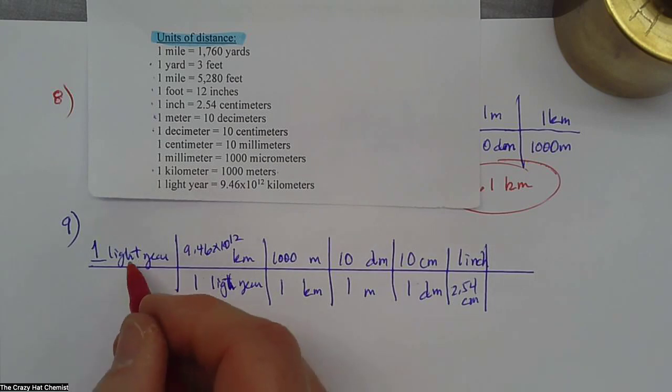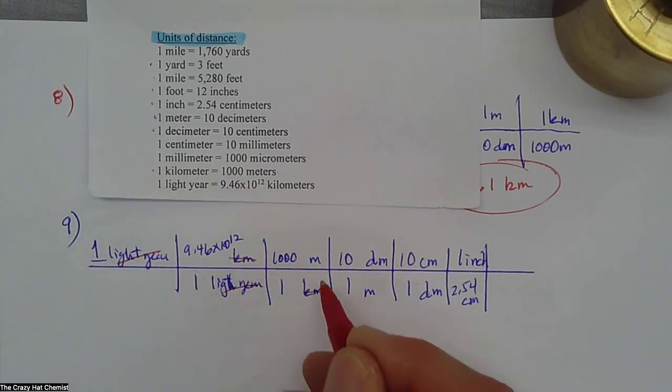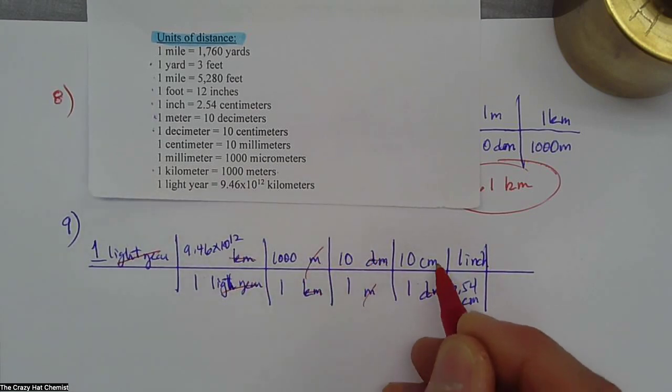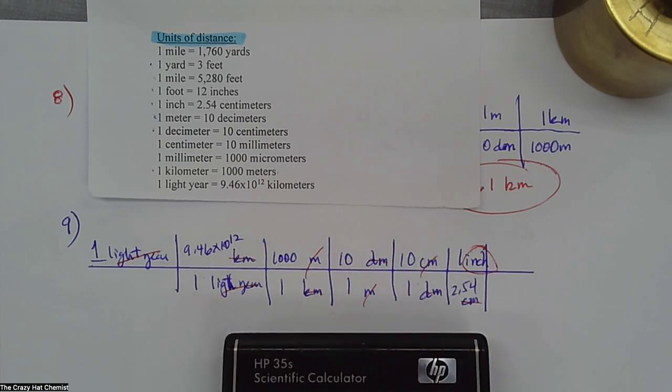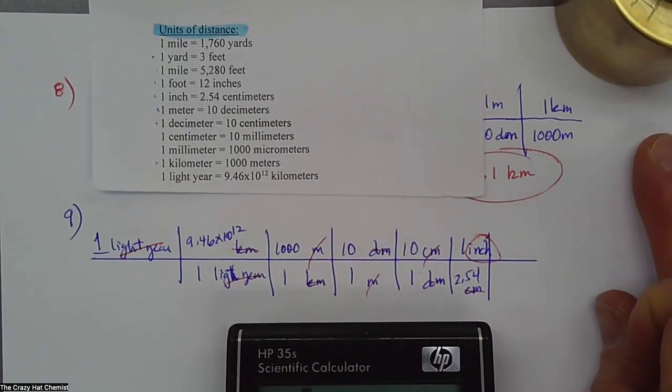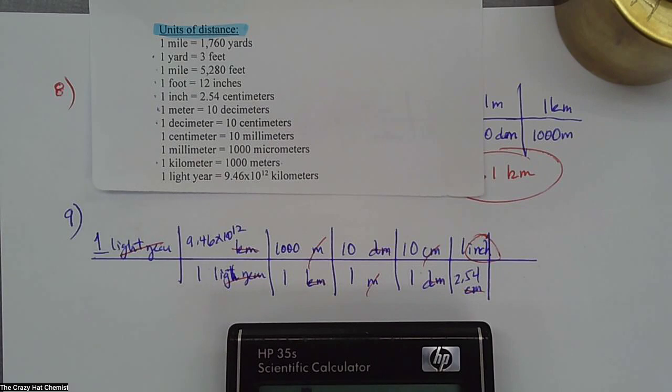And that would be light years cancels, kilometers cancels, meters cancels, decimeters cancels, centimeters cancels, and we're going to end up with inches. So in our calculator, we've got 1 times 9.46 times 10 to the 12 times 1,000 times 10 times 10 again, and then divided by 2.54.